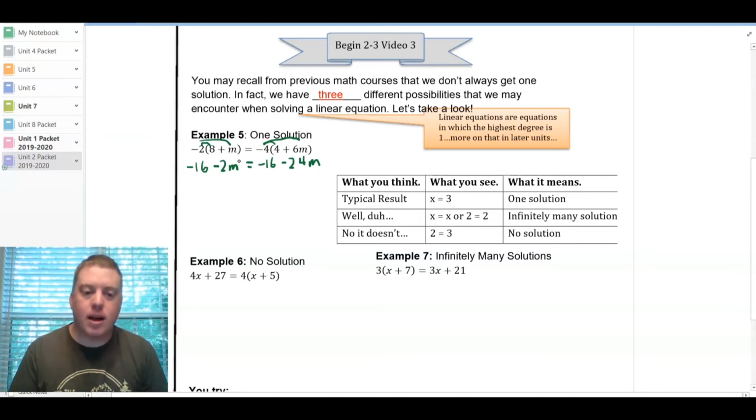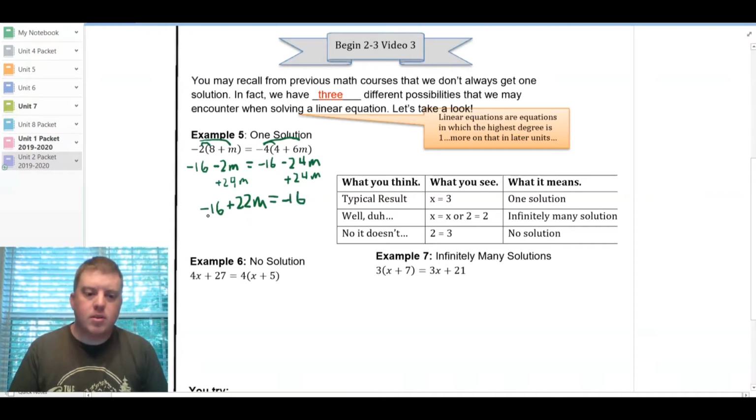I then need to get the variables on the same side, since I don't have any like terms that I can combine that are already on the same side of the equation. So in the interest of keeping a positive variable, I'm going to add 24m to both sides. That will give me a -16, and then it will give me a positive 22m equals a -16.